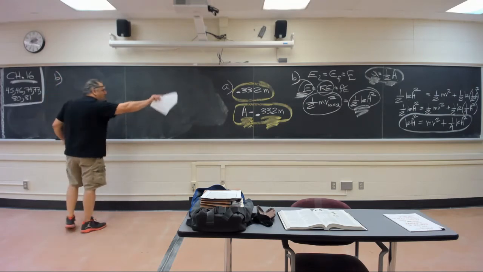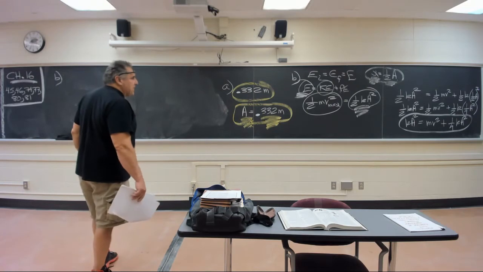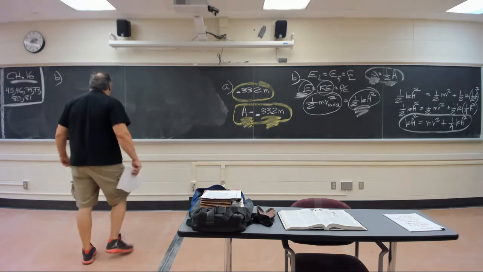Let's take that thing way down there, lower far right. Let me try to solve for v squared. Let me subtract 1/4 K A squared on each side.